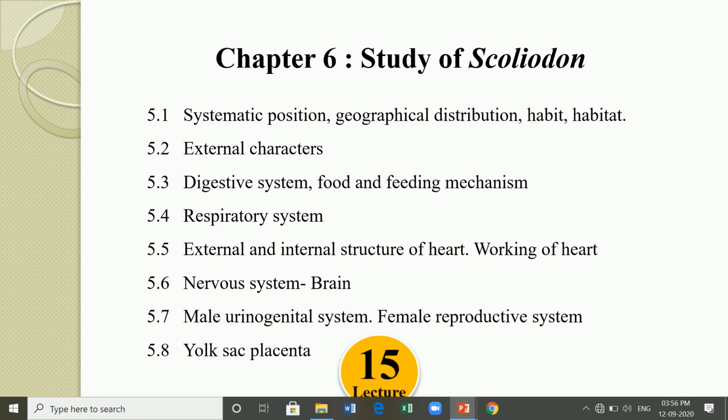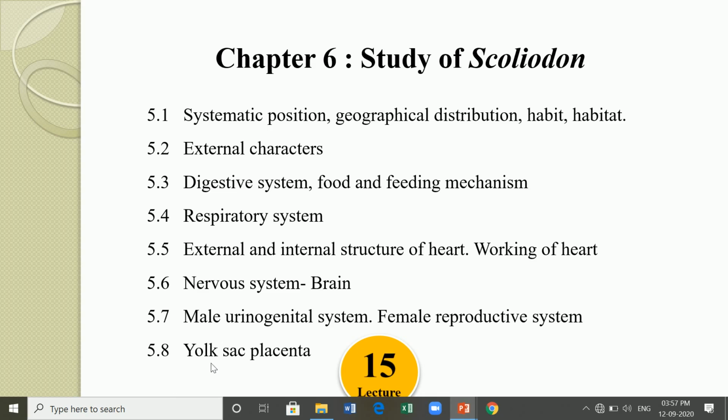in the Scoliodon. Then 5.5 is the external and internal structure of the heart and working of the heart, how the heart works to pump the blood into the body. The next point, 5.6, we are going to learn the nervous system with the central part of the central nervous system, that is the brain. Then after, we are going to discuss the male urinogenital system and female reproductive system.